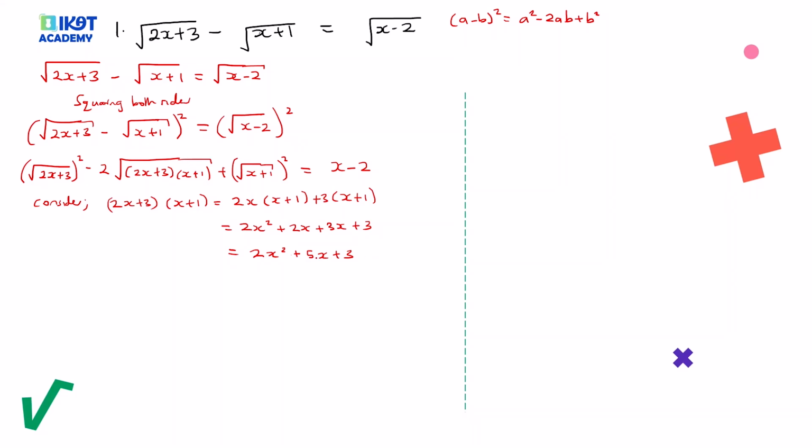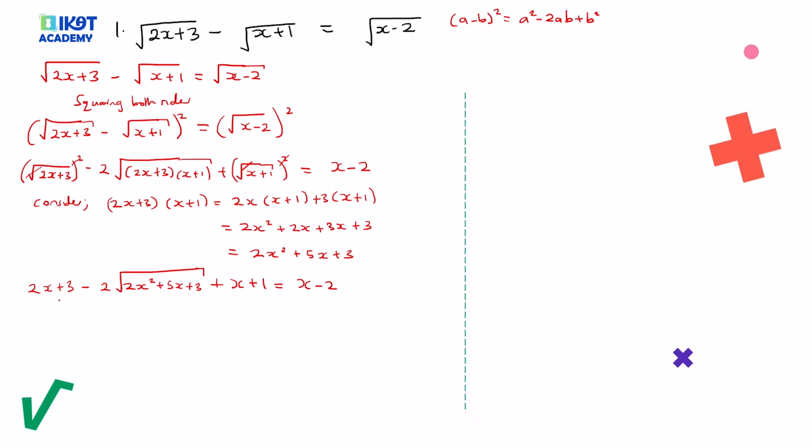So we have this. Now we are going to bring it here. But now here, remember, this goes with this. What do we have? We have 2x plus 3 minus 2 into 2x squared plus 5x plus 3 plus this and this cancels, plus x plus 1 is equals to x minus 2.